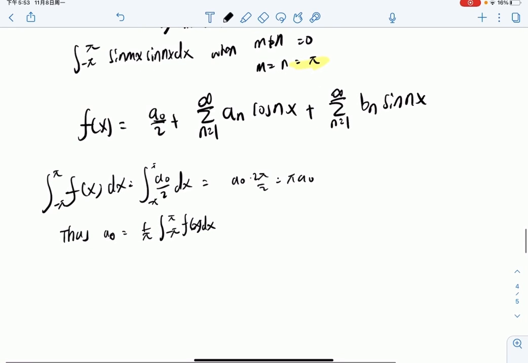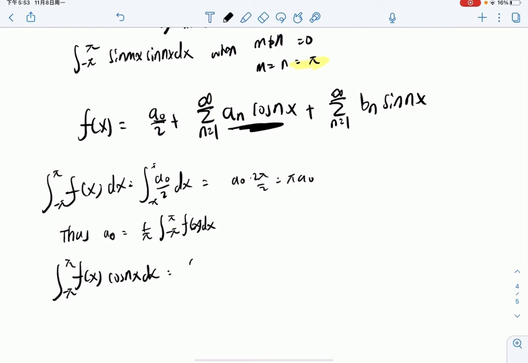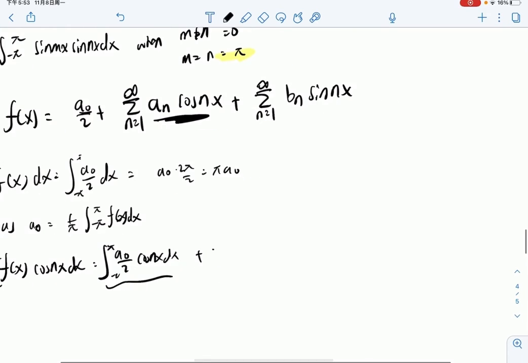And for the case of an, we can see that if we multiply both sides by cosine nx and integrate from negative pi to pi, the a0/2 cosine nx dx term is equal to 0, and then minus 1 an cosine.